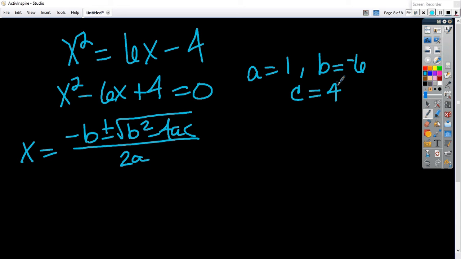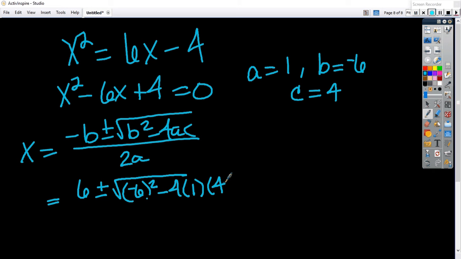B is negative 6, so opposite B would be 6 plus or minus the square root of negative 6 squared minus 4 times A times C, all over 2A.